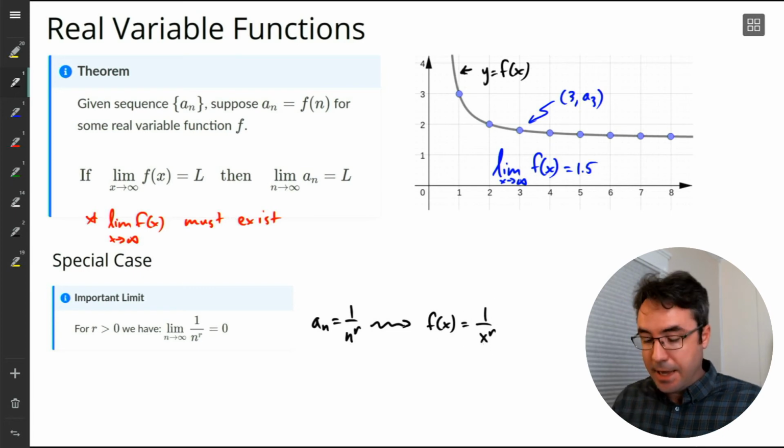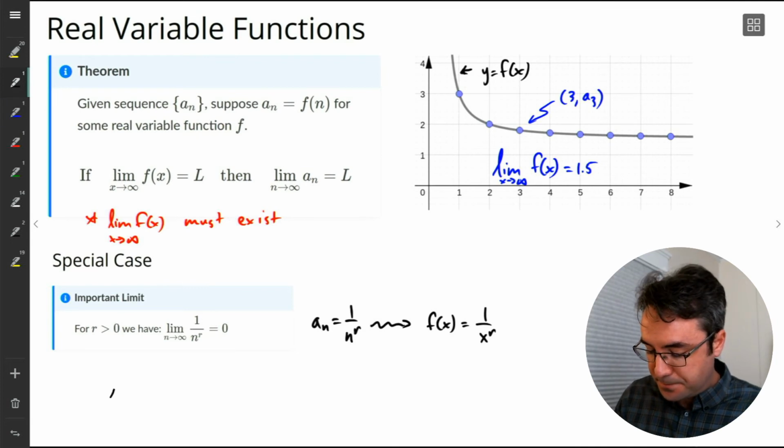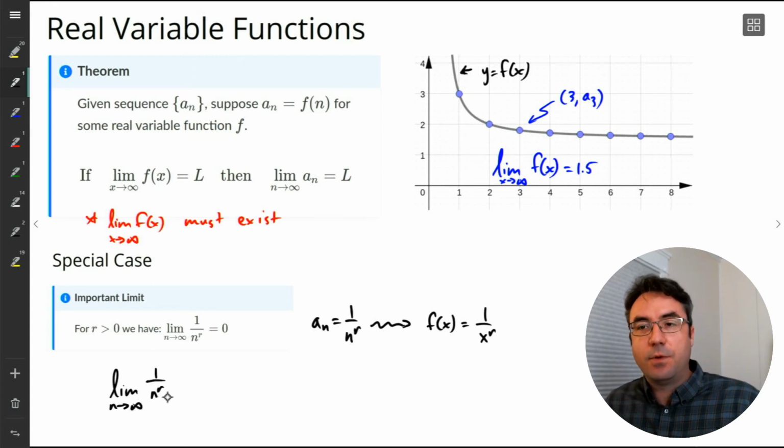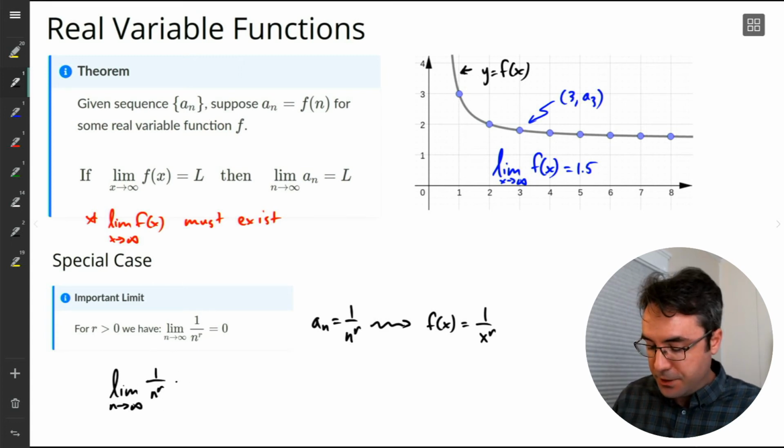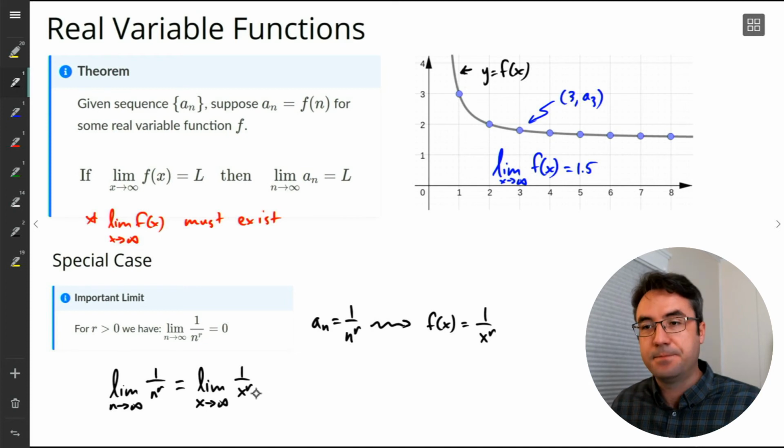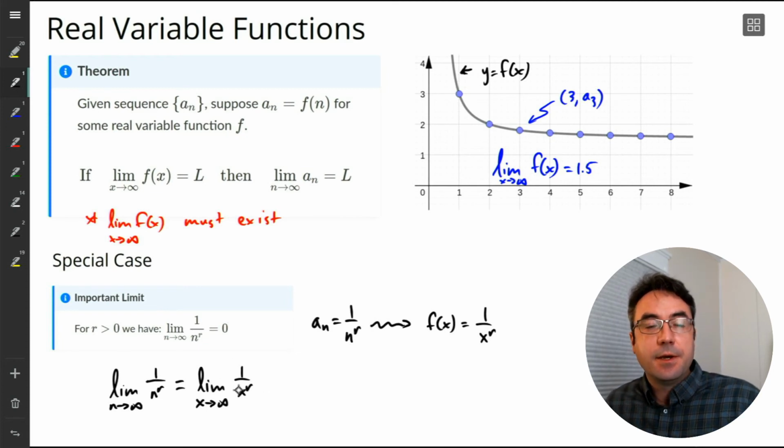And how do we use this then? So let's look at the limit of 1 over n to the r. We just relate that to this real variable function as x goes to infinity. And this is something we talked about back in Calc 1. This was a limit that we discussed back in Calc 1.